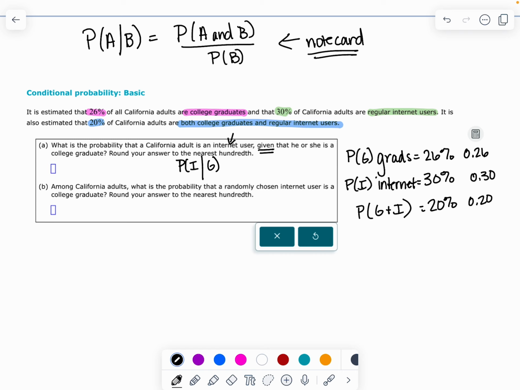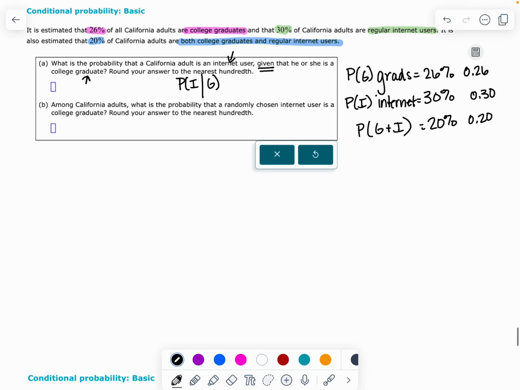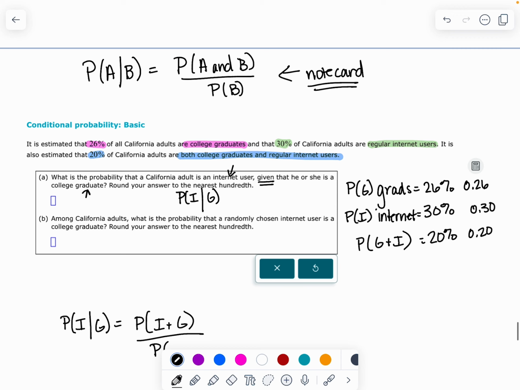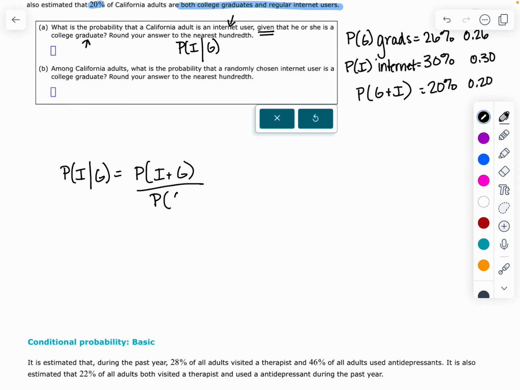Internet, given, graduate. So we're going to write that out. Probability of internet given graduate equals the probability of I and G, or G and I. That part doesn't matter, but this part on the bottom does matter. It has to be the given one on the bottom, so the G on the bottom. So it needs to be the 0.2 divided by the 0.26.